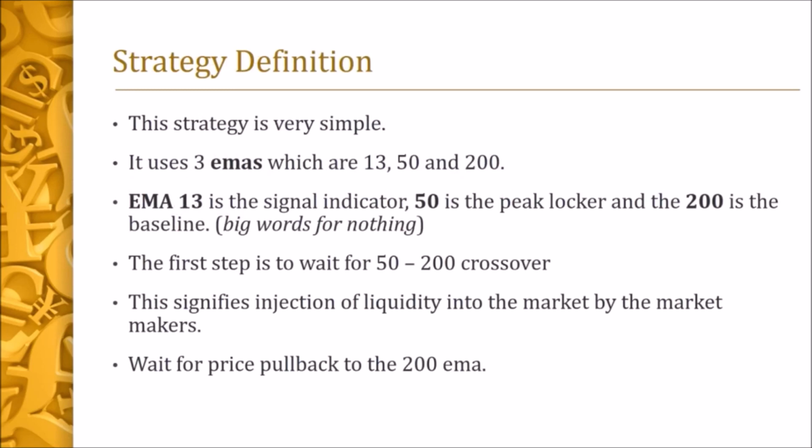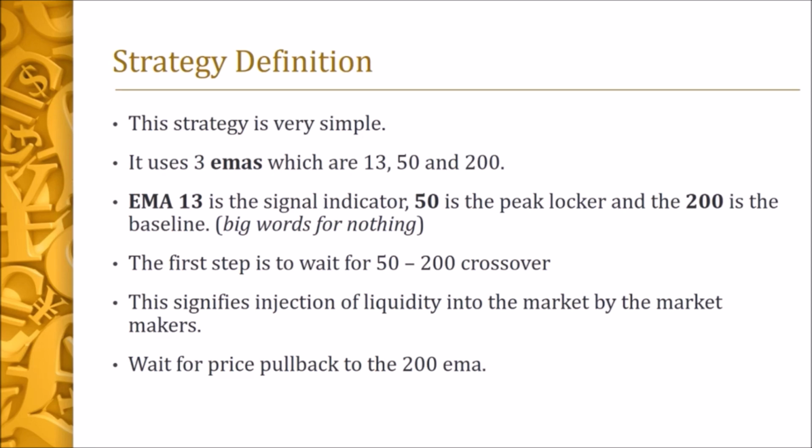Strategy definition. This strategy is very simple. It uses 3 EMAs, which are 13, 50 and 200. EMA 13 is the signal indicator, the 50 is the peak locker and the 200 is the baseline. These are just big words for nothing.